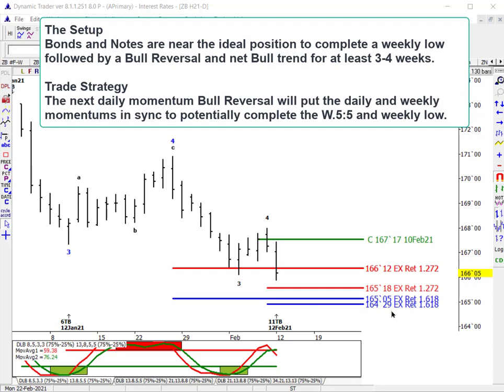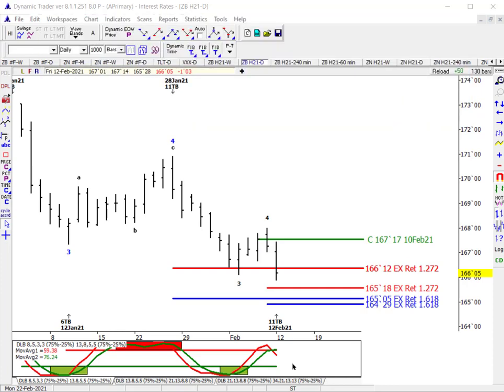So at least we want it, ideally anyway, it reaches at least 127% external retracement. So this zone begins at 165.18. But then again, within 3 or 4 days, we're almost certainly going to have a bull reversal. So then we'll have 2 time frames.